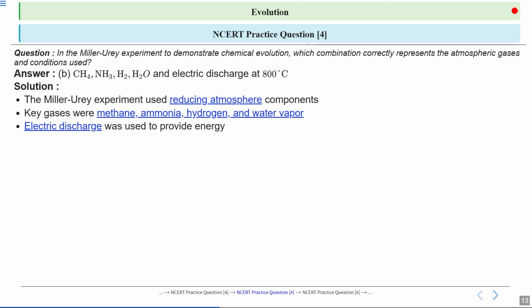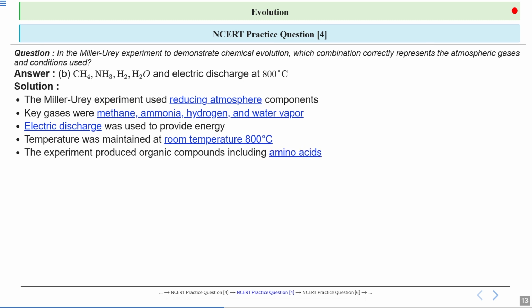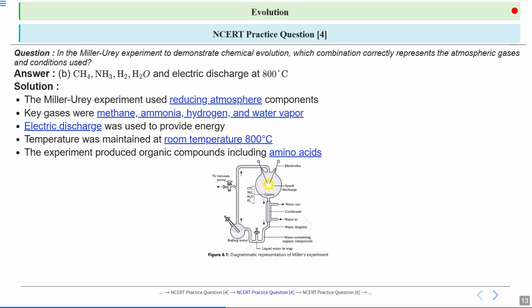Under these conditions, compounds like amino acids were created. So we can say that by this experiment, organic compounds can be created from inorganic compounds. This experiment produced organic compounds including amino acids like glycine.